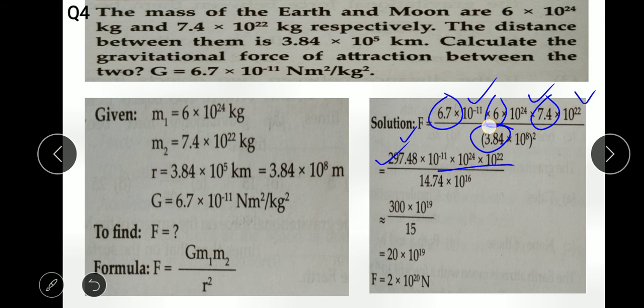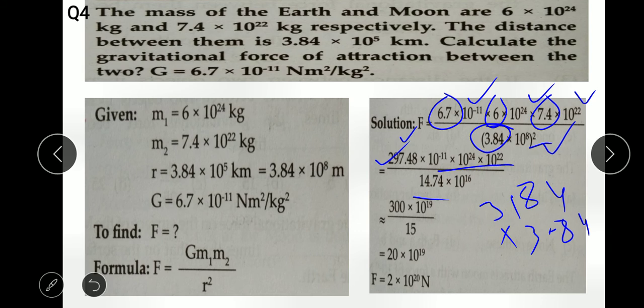Now 3.84 is multiplied by 3.84, because r square is there, and we got the answer 14.74. Now 8 into 2 is 16, so 16 is written over here.